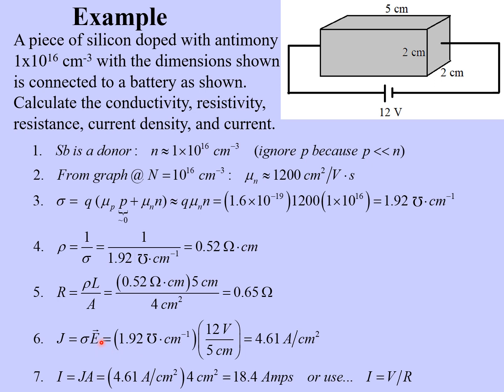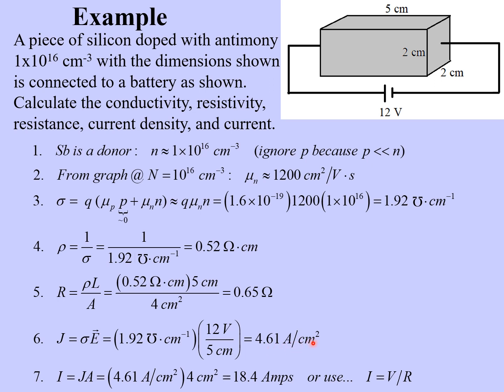And the electric field, well, remember, we can calculate that very easily. We've got 12 volts from this battery that is seen across 5 centimeters. So the electric field is 12 volts divided by 5 centimeters. I can't do that in my head, but it looks like it's going to be about 2.4 or something volts per centimeter. But when you do this on a calculator, you'll come out with a current density of 4.61 amps per square centimeter.